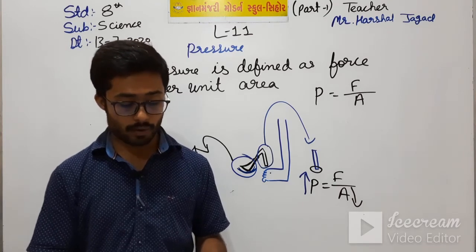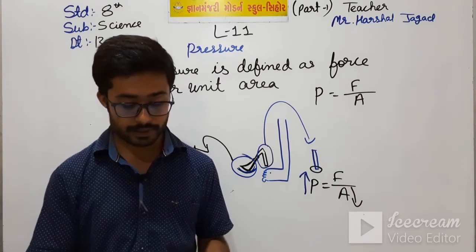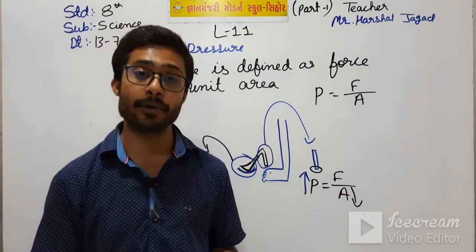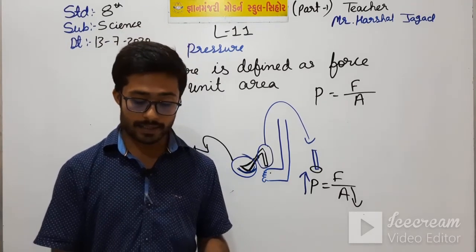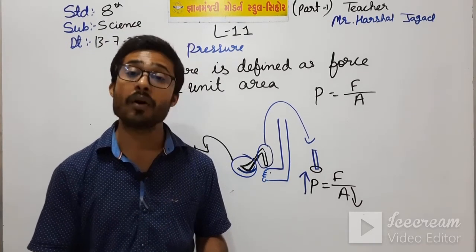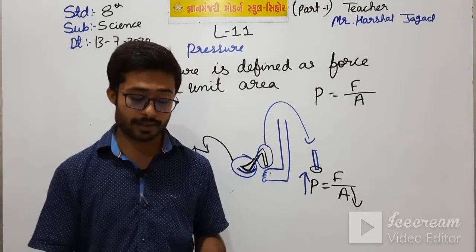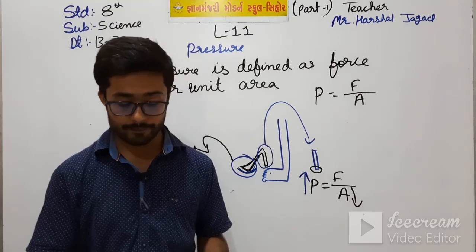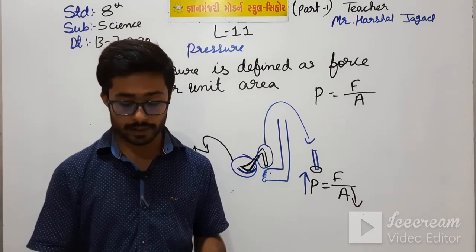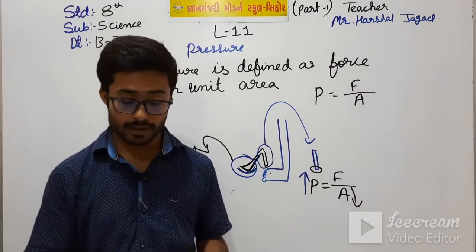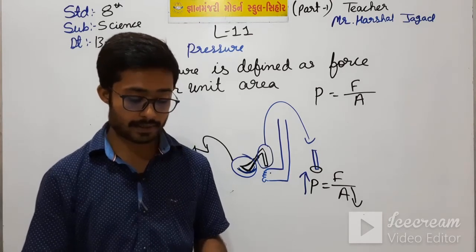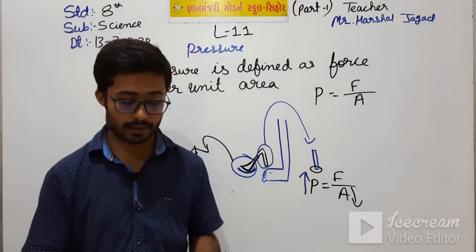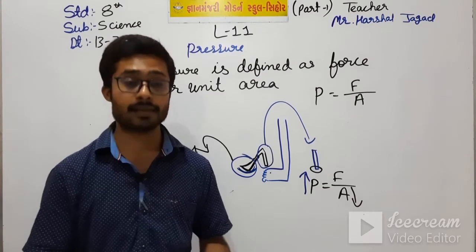The area over which we apply force determines the effect it produces. This leads us to the concept of pressure. Pressure is defined as force per unit area. It is a physical quantity and can be measured in the SI system of units. The unit of pressure is Pascal.